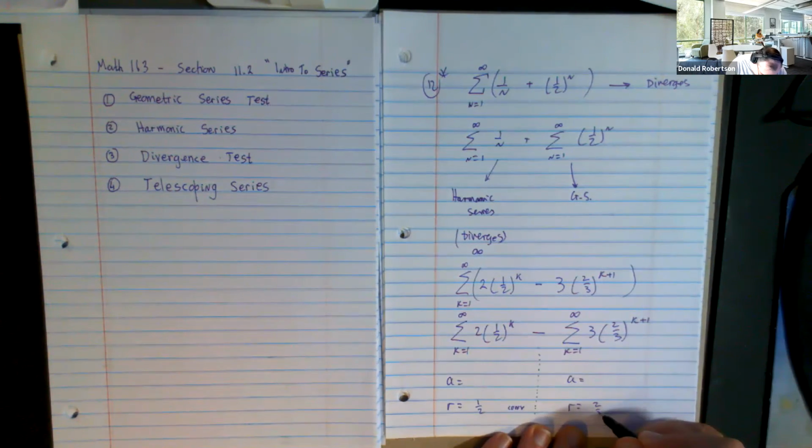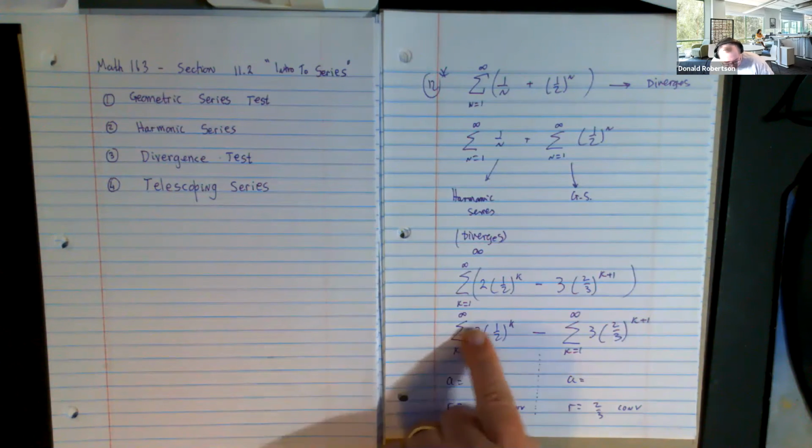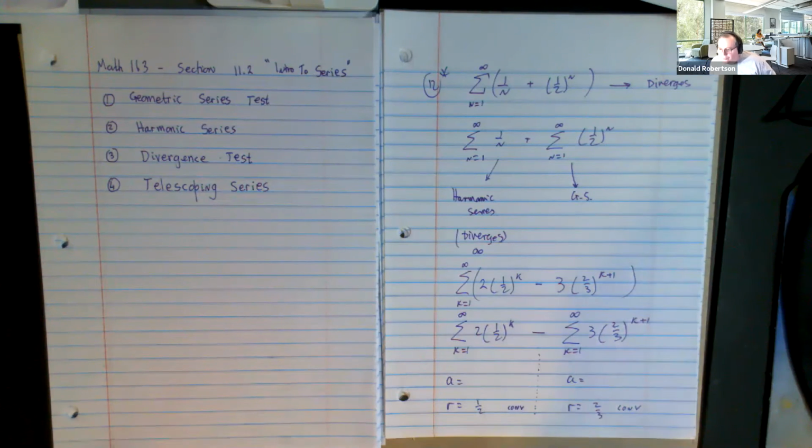And good news, doesn't that also converge? That means that this thing converges then, because isn't it made up of two pieces, both of which converge, therefore everything's fine. Now, I'm going to find out who a is.